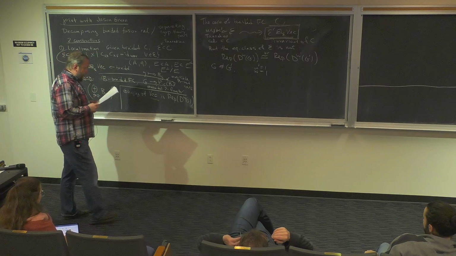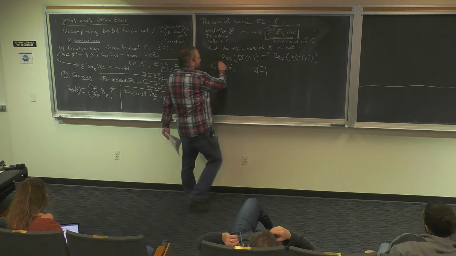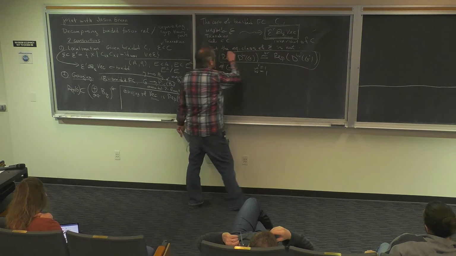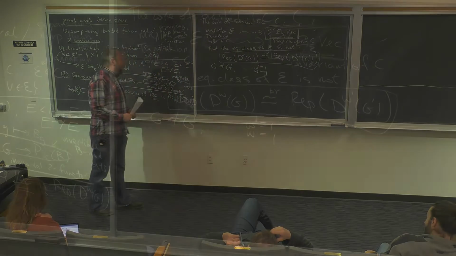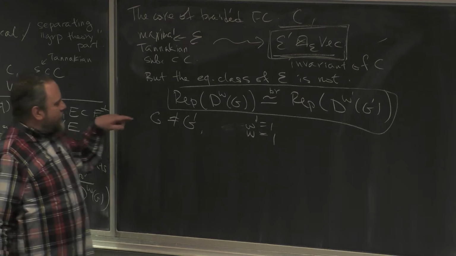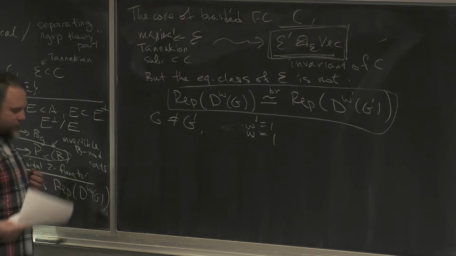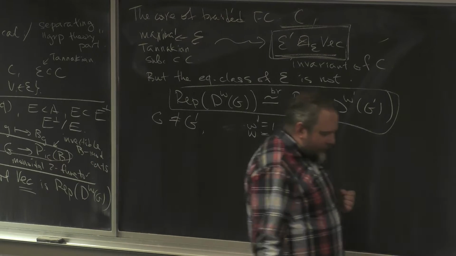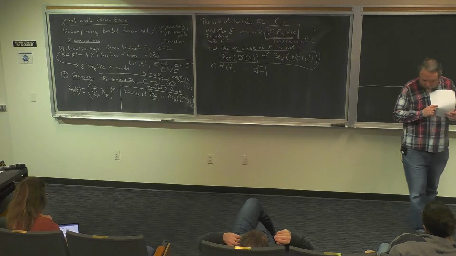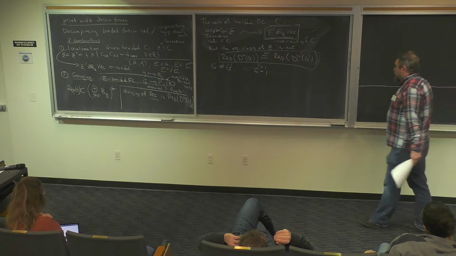All right. Now this question is an important question also because equivalence classes of representation categories of twisted Drinfeld doubles parameterize Morita equivalence classes of group theoretical categories.